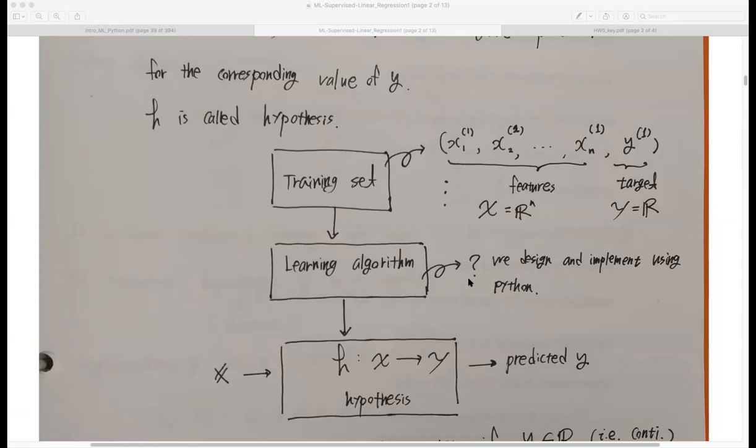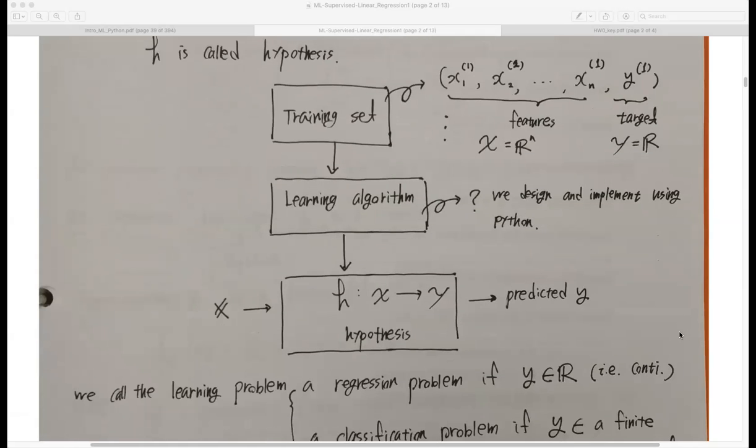How can we construct h of x, the hypothesis function, which returns a good prediction for an input example which does not belong to the training set? That's really what we need to figure out. Once we figure out h of x, we predict y.